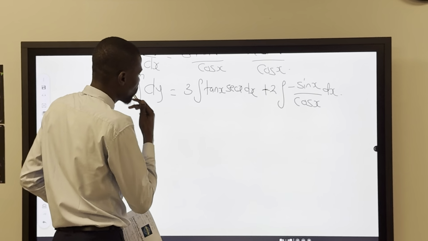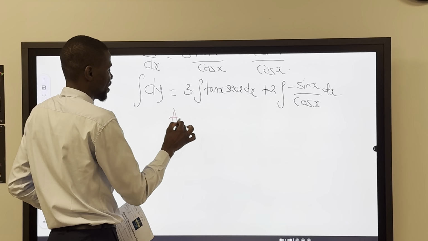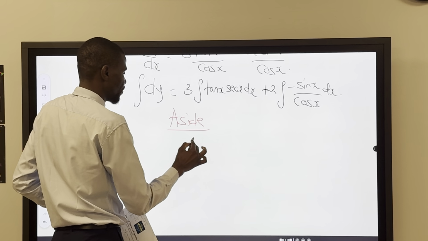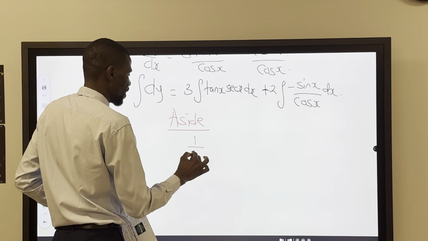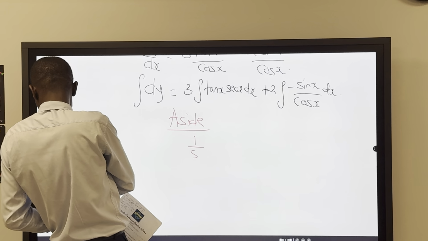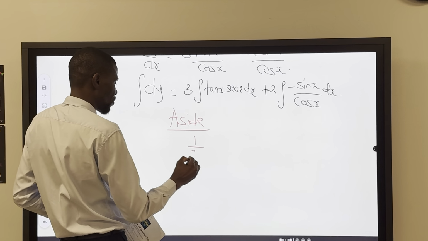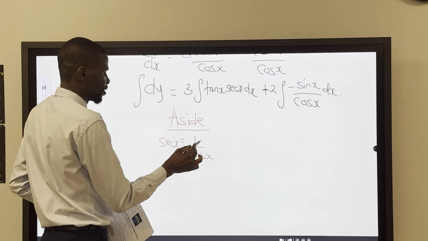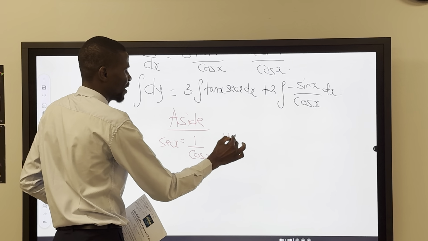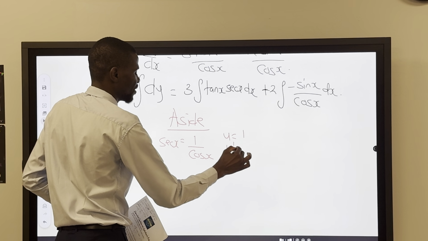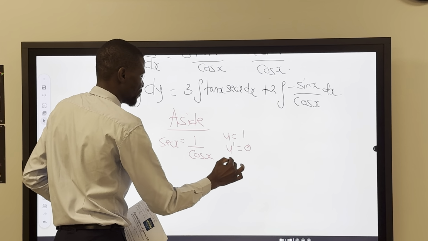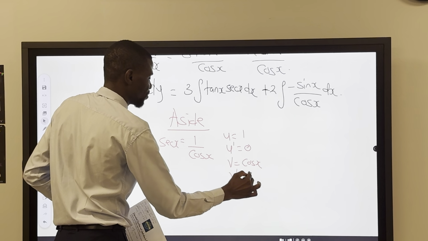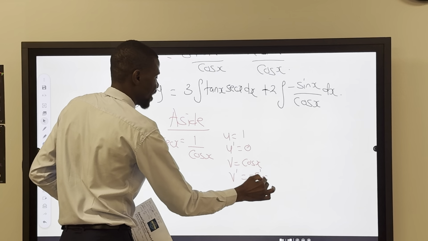Okay, so this is just side work for you to understand this. All right, suppose I have 1 over cos x, which is sec x, right? If I differentiate here, u is equal to 1, then u prime is 0, v equal to cos x, v prime equal to negative sine x.